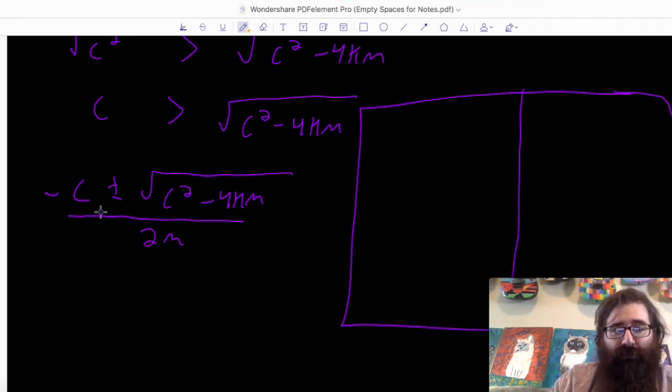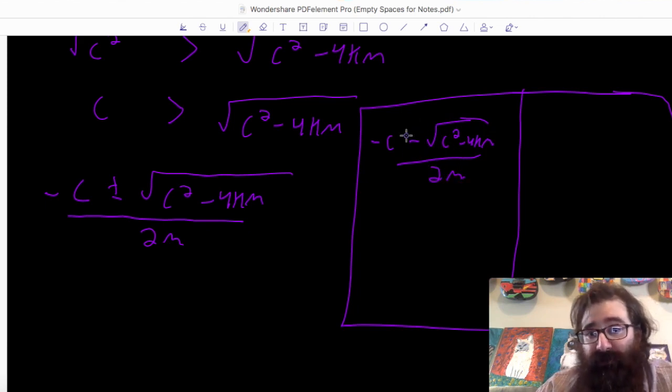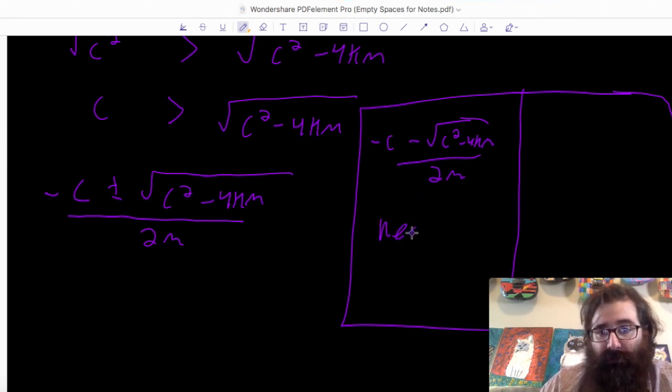One of which is where I have the subtraction, so let me do the minus sign first: negative c minus the radical of c squared minus 4km, all over 2m. It's not too difficult to see that this is in fact negative. Remember, these things are positive and I'm subtracting them. A negative something minus something is going to be negative. So this is negative.